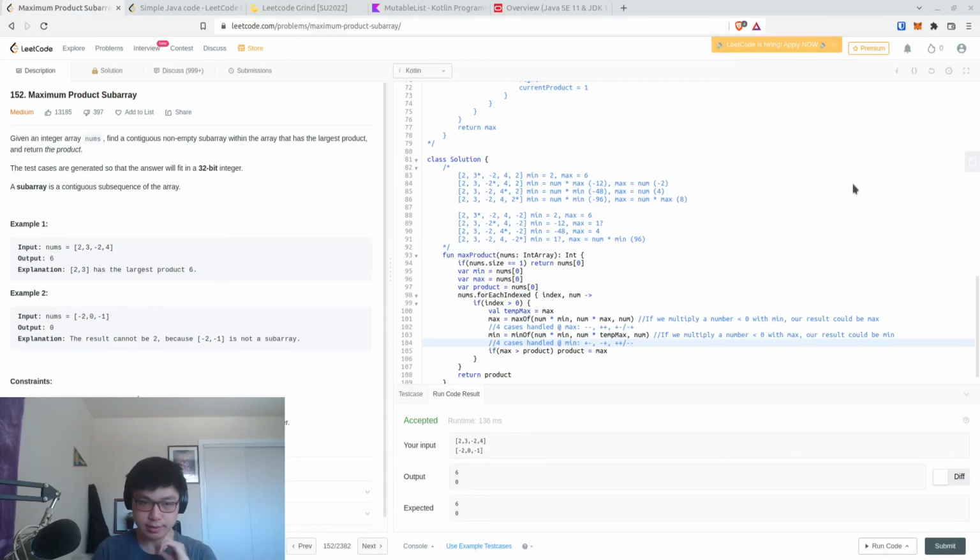So in both cases, handling the cases like this, we can cover essentially our entire solution set. Because a new minimum could potentially become a new maximum if the next number is negative, and a new maximum could potentially become a new negative or new minimum if the next number is negative, because that's how the products work.